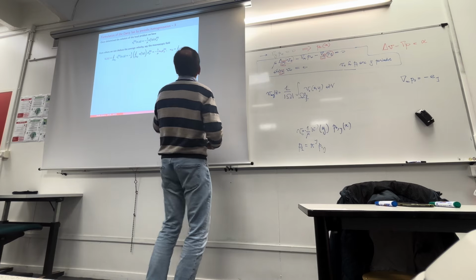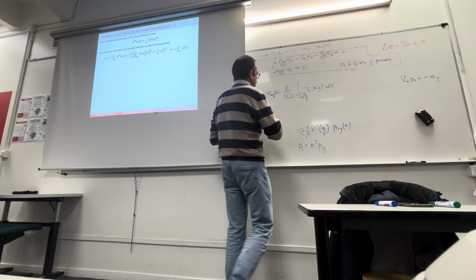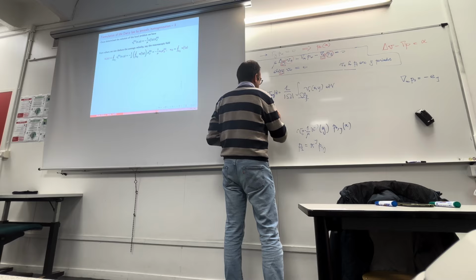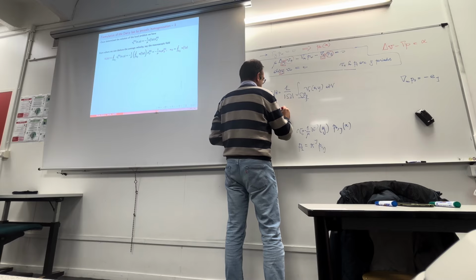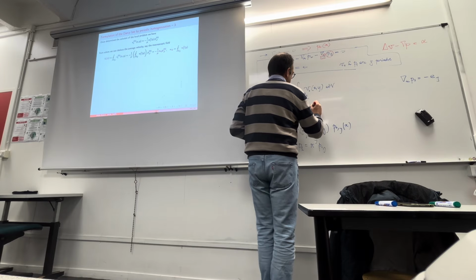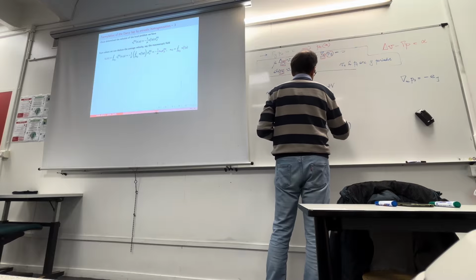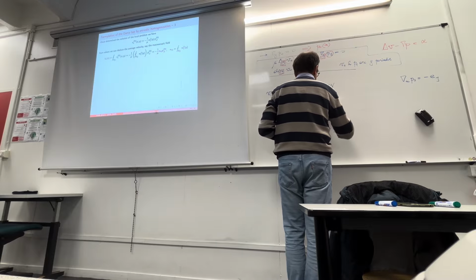The target is that what we are going to obtain is a relation between the average of v, which is the minus of k by mu, the gradient x of p naught.